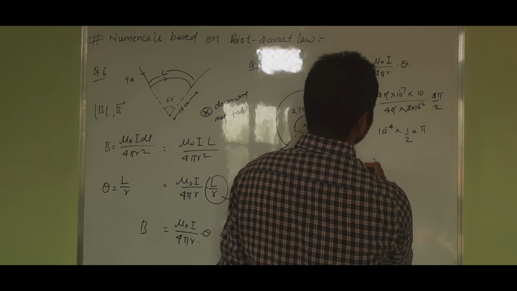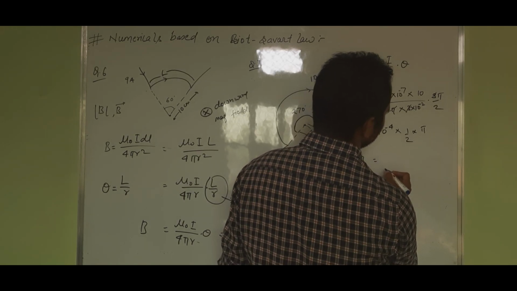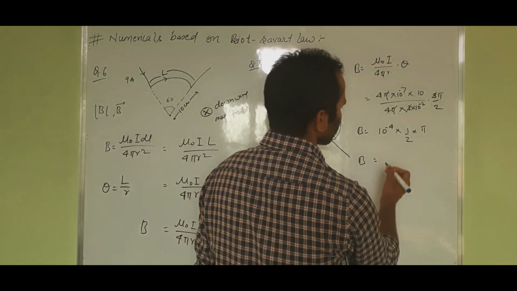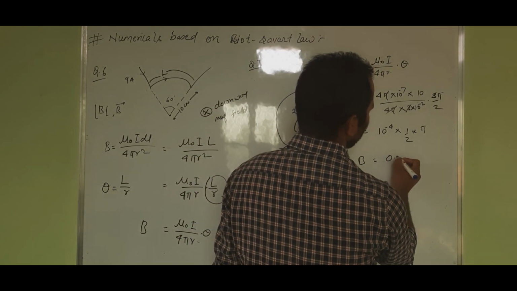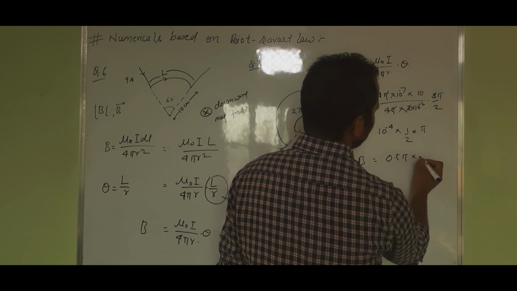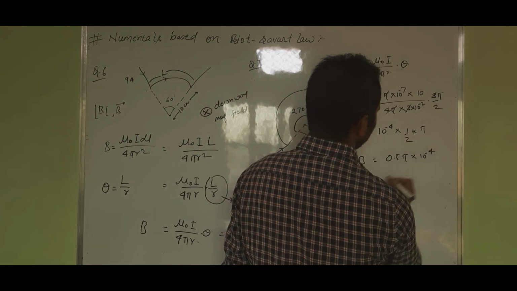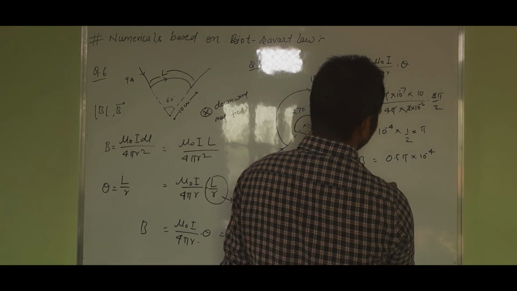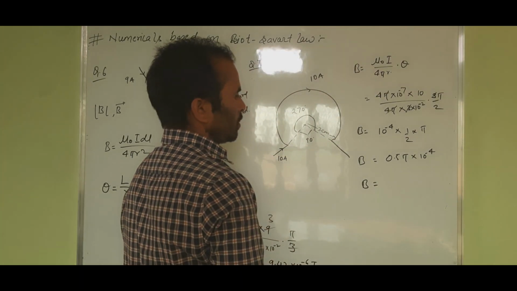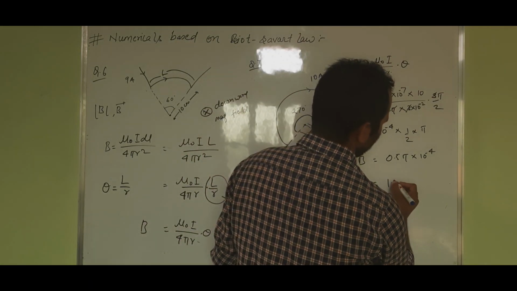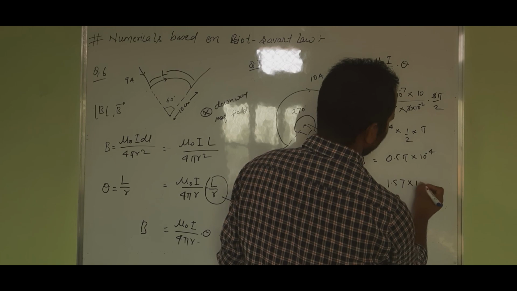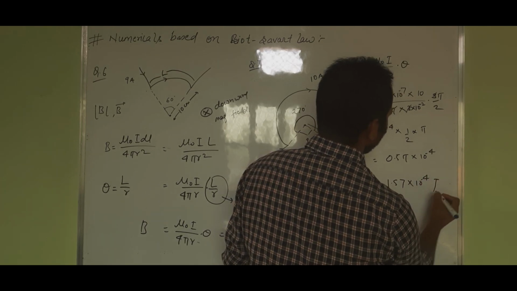So B will be 0.5 pi into 10 to the power minus 4, which will come around 1.57 into 10 to the power minus 4 Tesla.